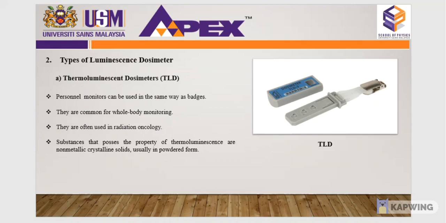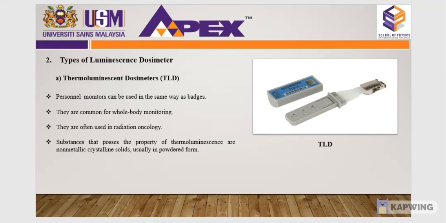At slide 5, I'm going to explain the types of luminescence dosimeter. At first, the first type of dosimeter is the TLD, which is a thermoluminescence dosimeter, as shown in the figure beside my explanation.